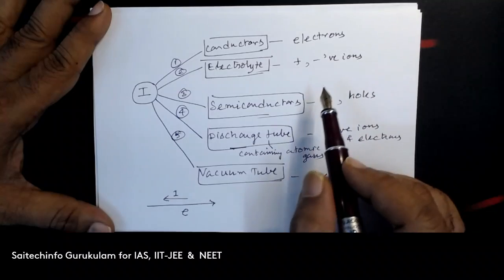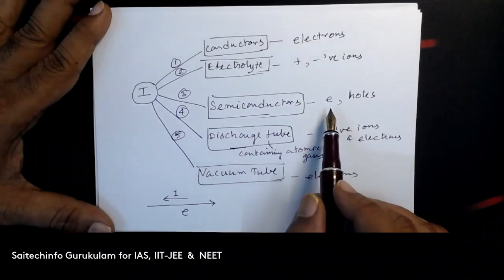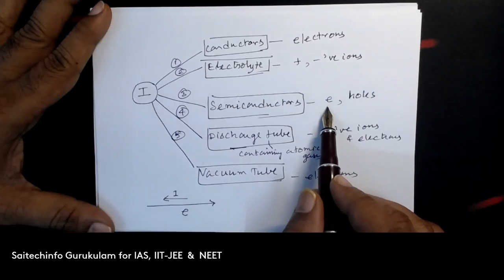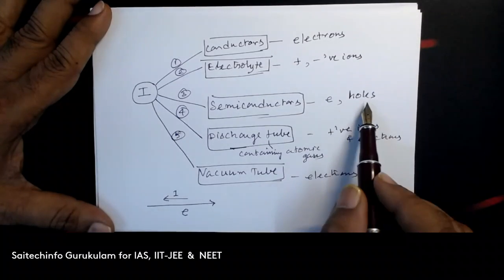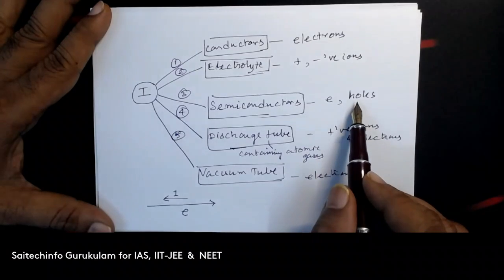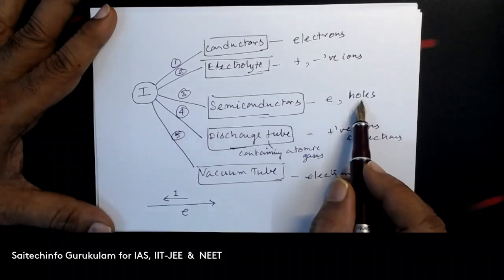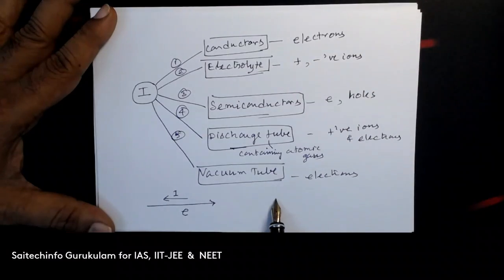And in the case of semiconductors, electrons are responsible for conductance as well as holes. Holes are called positive holes. For example, you have got one atom with an electron, another atom with an electron, another atom with an electron.